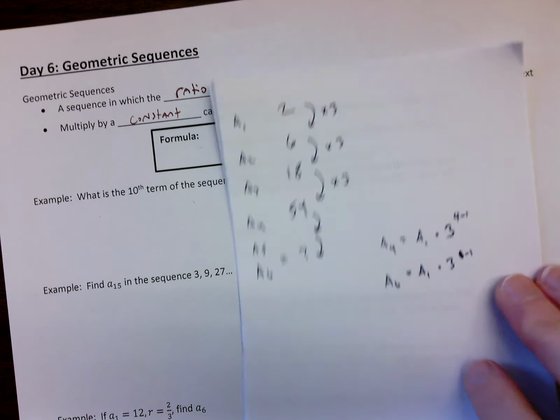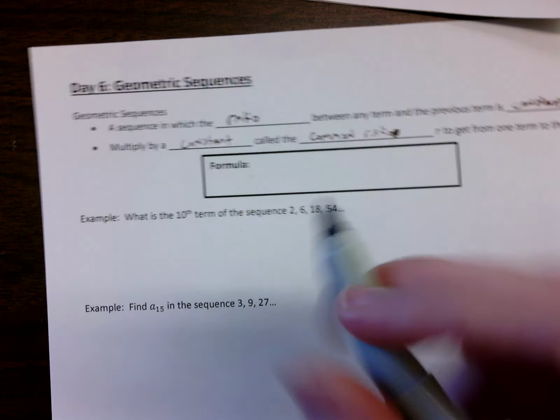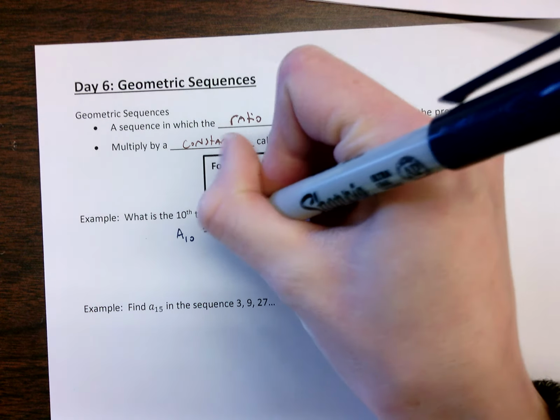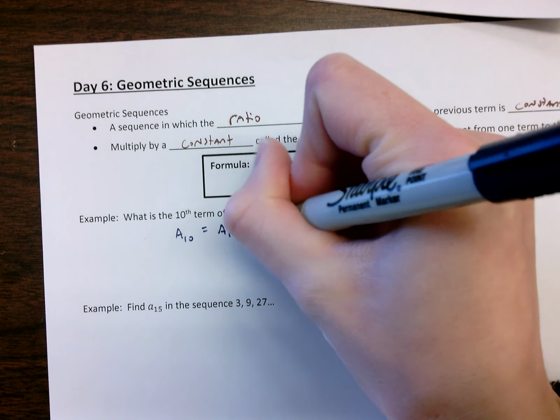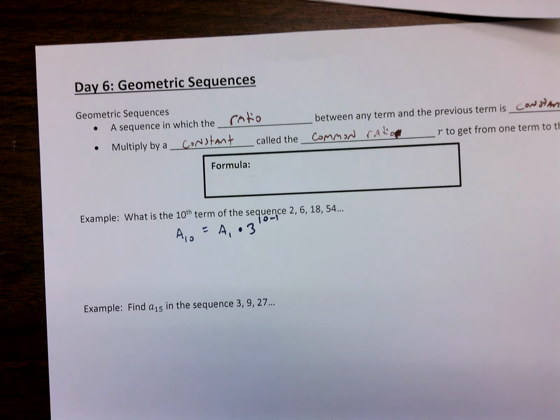So if I want to figure out the 10th term of this sequence, all that I'd say is, to get to the 10th term, I start with the first term. Our common ratio we said was 3. I have to multiply it by 3, 10 minus 1 times.